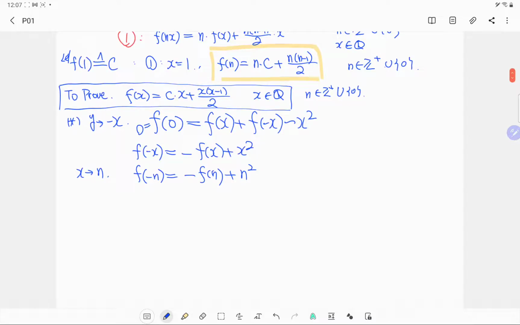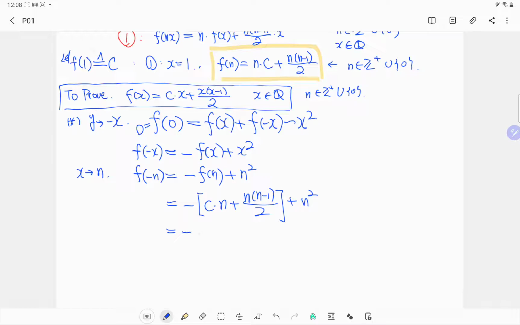So we can just make use of this one. We can just plug in minus c times n plus n times n minus 1 all over 2, which is f of n, and plus n squared.